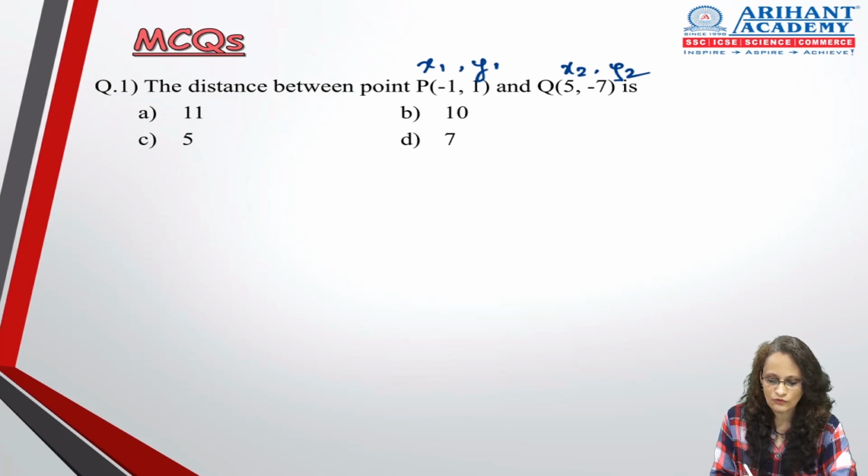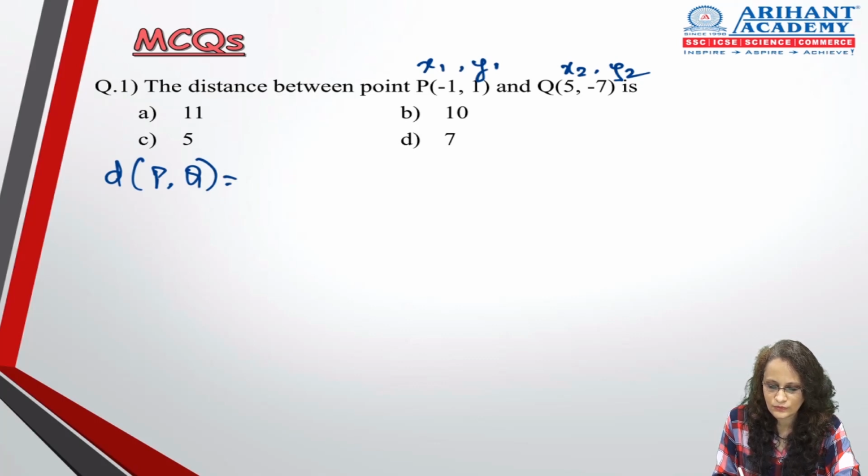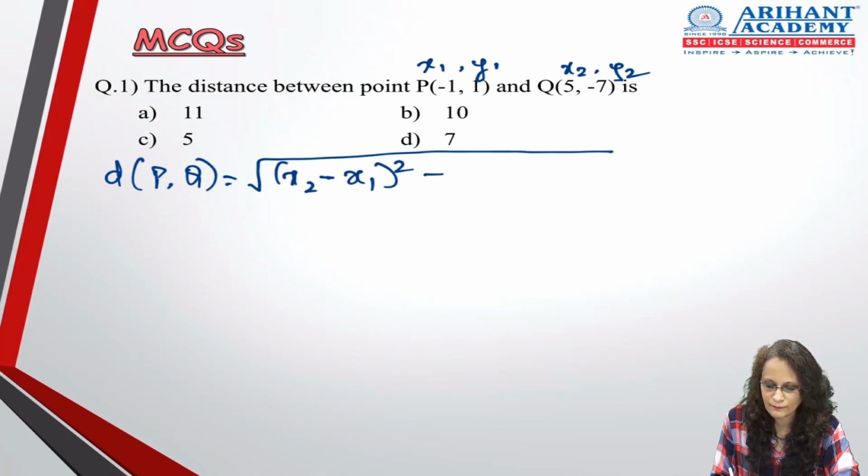Now we will move on to the formula, which is distance PQ is equal to root of (x2 minus x1) the whole square plus (y2 minus y1) the whole square.